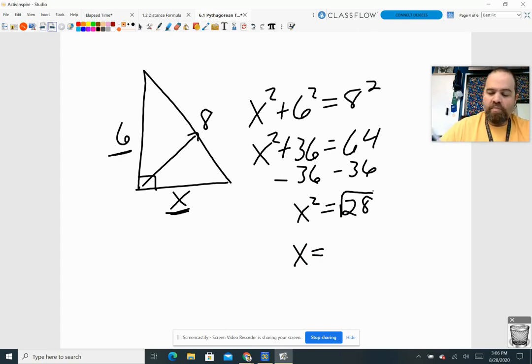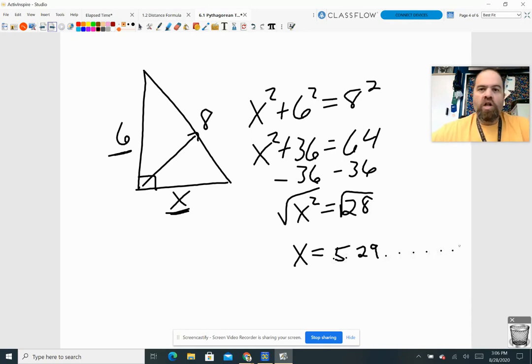Type in square root of 28, you're going to get this big, long, nasty decimal. It's going to start out 5.29, on and on. We're going to set a standard right now to round all of these to the nearest tenth. If it doesn't work out as a perfect whole number, give me rounded to the nearest tenth. So we're going to put the answer down to this one as 5.3.